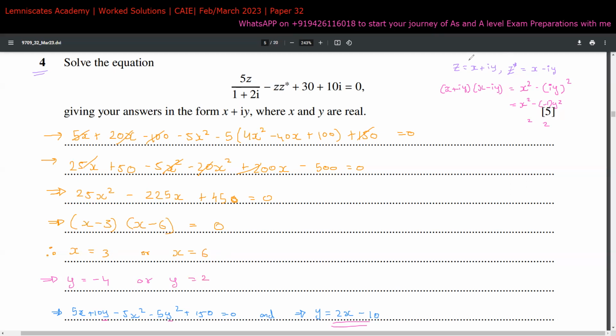So these are the two values of x and respective values of y. So what are the values of z finally that you get from this equation? So z1 is equal to 3 minus 4i, and z2 is equal to 6 plus 2i. So this becomes the final answer of question 4.